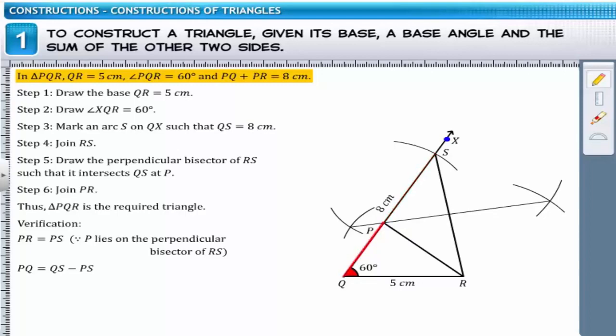This implies PQ is equal to QS minus PR, or PQ plus PR is equal to QS. Thus, in triangle PQR, QR is equal to 5 centimeters, angle PQR is equal to 60 degrees, and the sum of the sides PQ and PR is equal to 8 centimeters. Hence, verified.